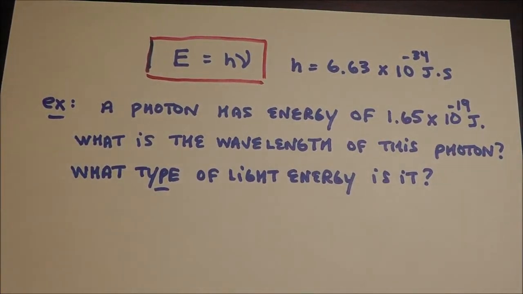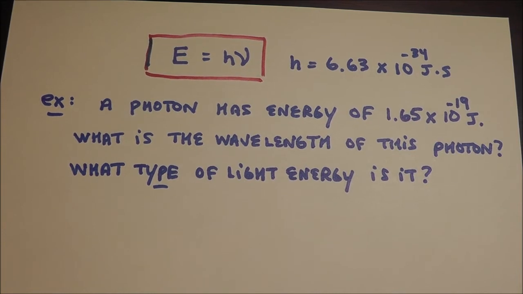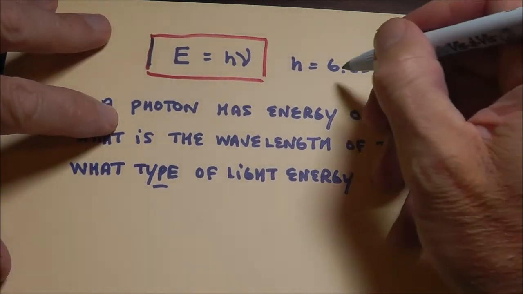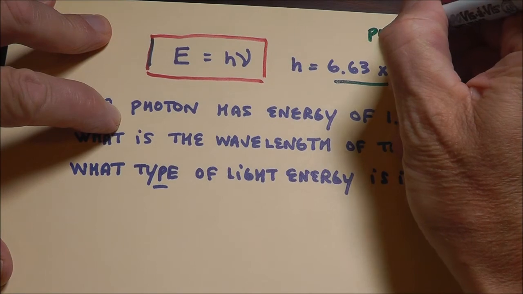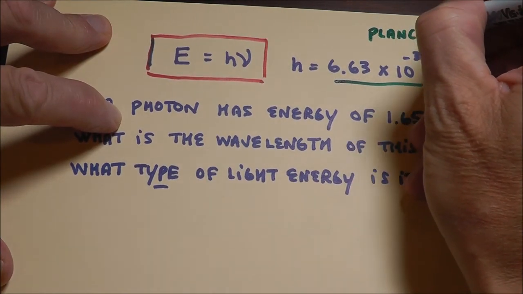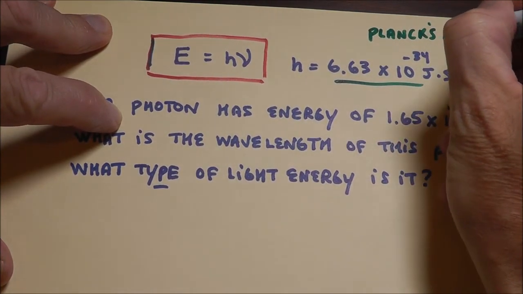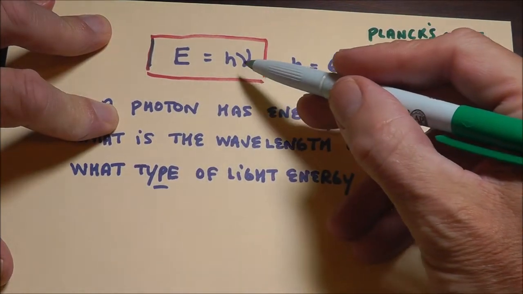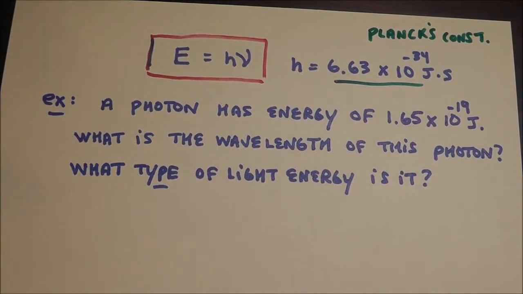All right, here we go again. New equation. This is our second equation. Energy is a constant, called Planck's constant, times frequency. So you think about it, the more energy you put in, the greater the frequency, because the waves get closer together.